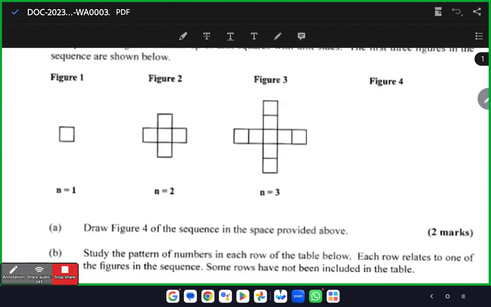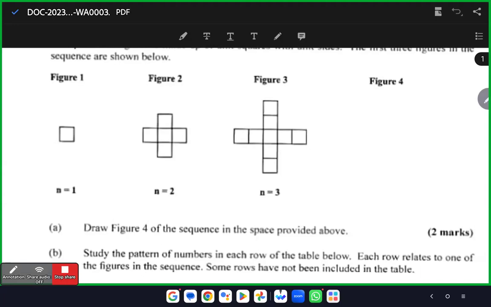For figure 2, there are 4 squares added to the first square. So this time it makes it 5 squares. And let's look at figure 3, which is also n equal 3, meaning that figure 3 is in the third position. We would have added 4 more squares to what figure 2 was.